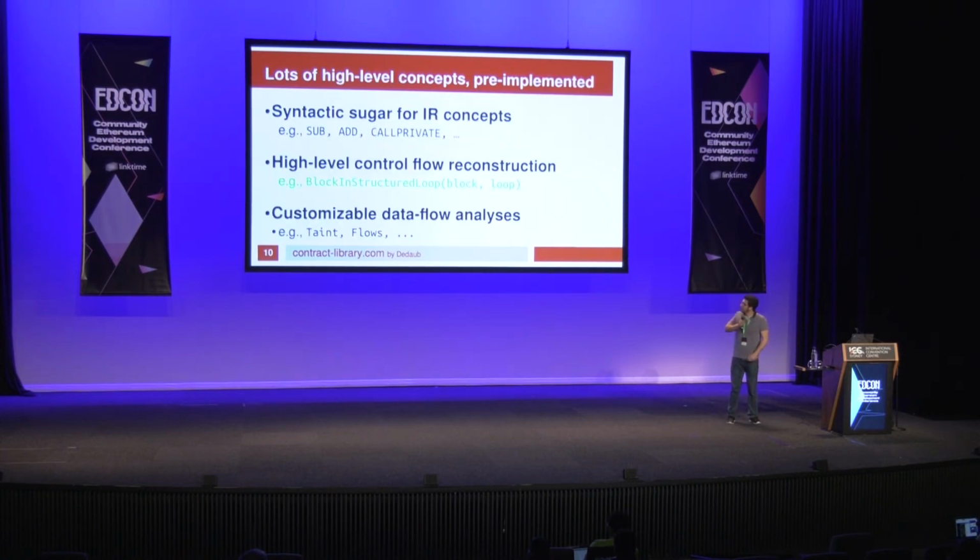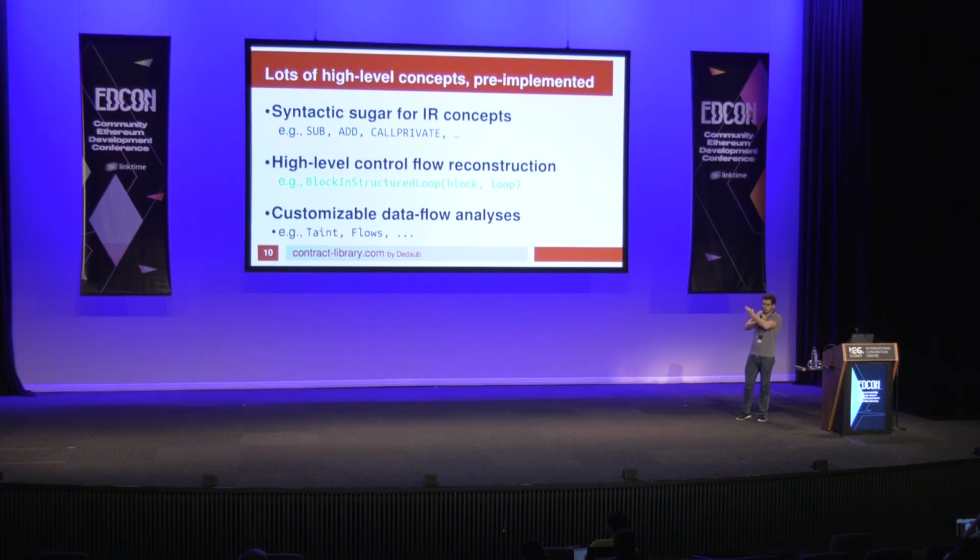Here are some of the high-level concepts which you can use as part of a security analysis. We have syntactic sugar, where you can use familiar concepts, such as these Solidity assembly instructions.